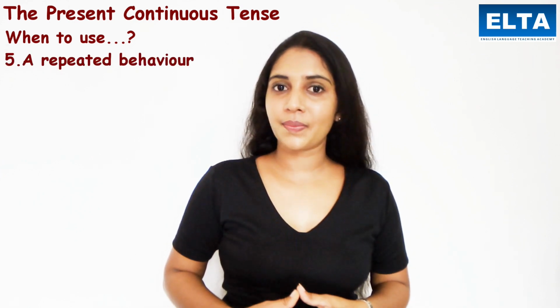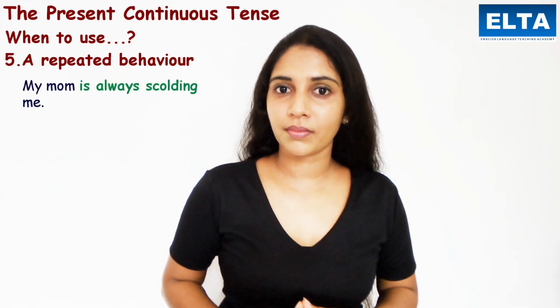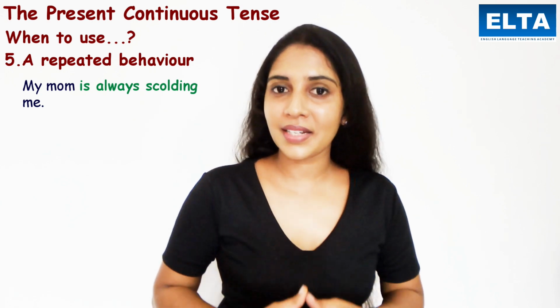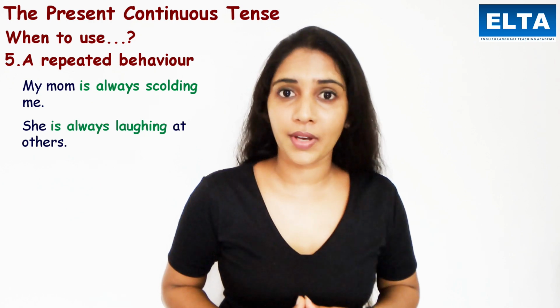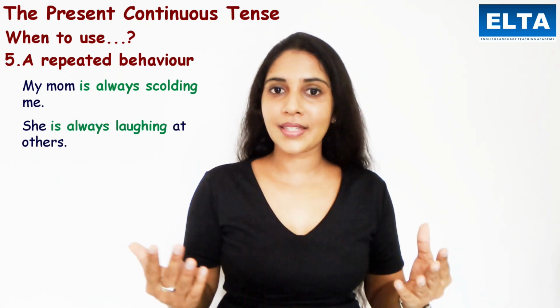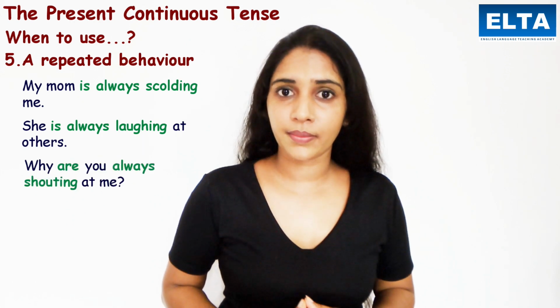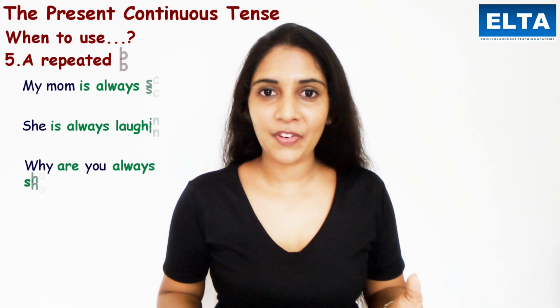You can say, my mom is always scolding me. Or another example, she's always laughing at others. Or, why are you always shouting at me? So we have taken so many examples for that.